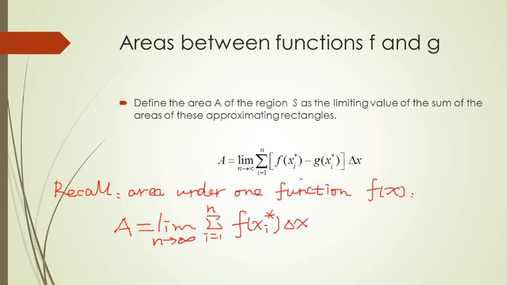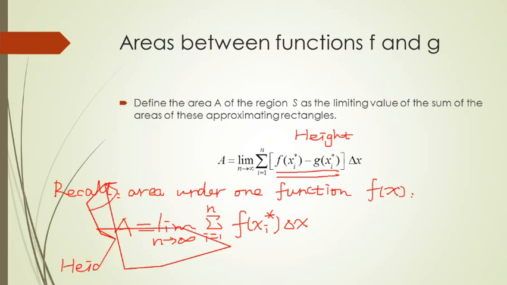Here the difference is just the height change between two curves. That will be the greater function value minus the smaller function value, evaluated both at xi*. So just the height part changes and the width does not change, right?